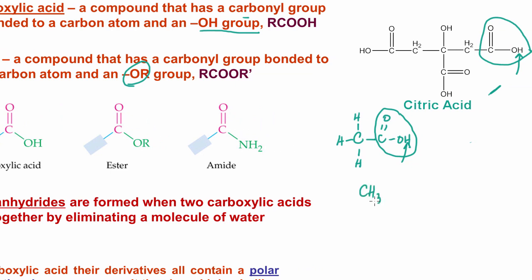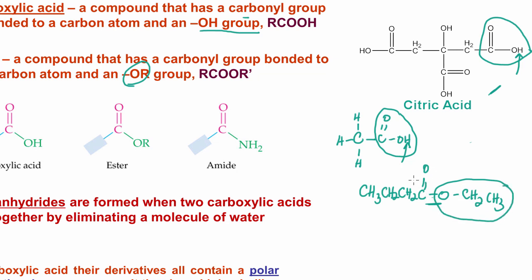So we have, let's say, this here, and so we have the carbonyl group. So carbonyl carbon then is bonded to this oxygen here, and then there's another alkyl group. So this part here, okay.